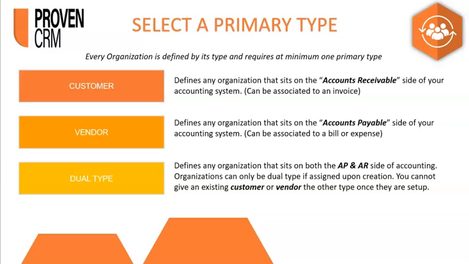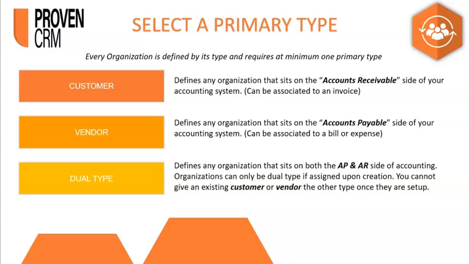Customer defines any organization that sits on the accounts receivable side of your accounting system, meaning this can be associated to an invoice. A vendor defines any organization that sits on the accounts payable side of your accounting system. These would be associated to bills or expenses.